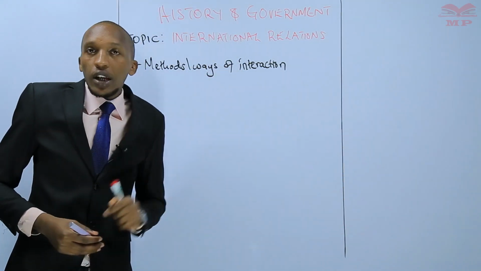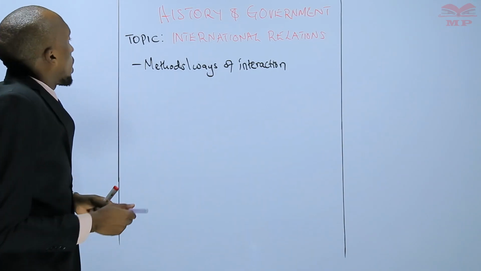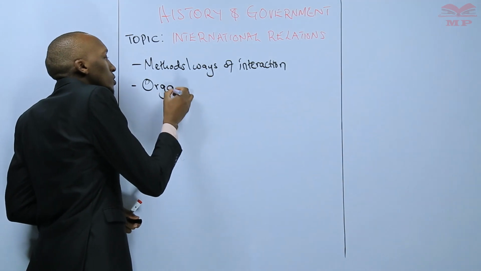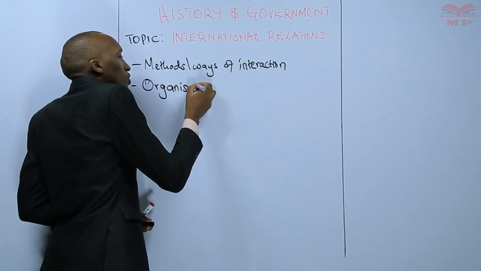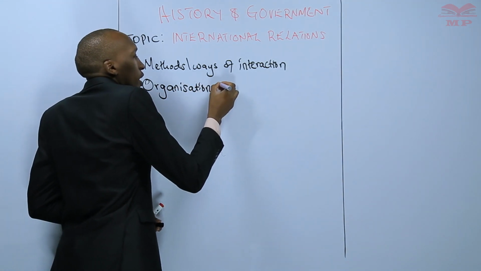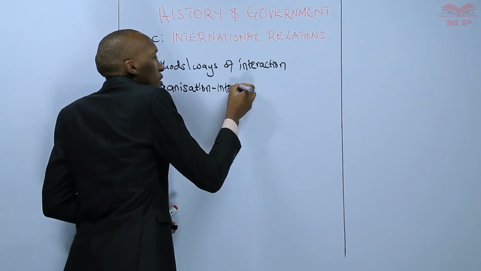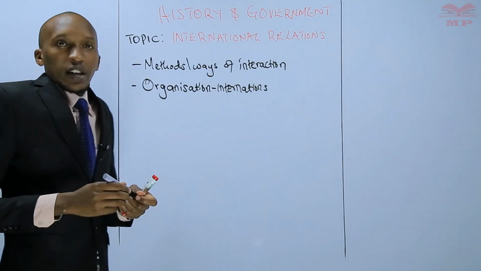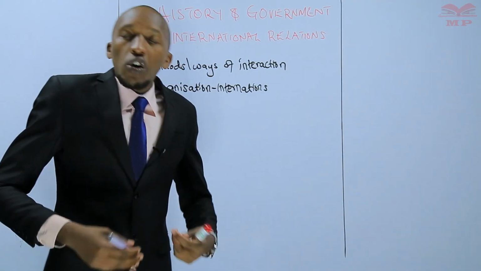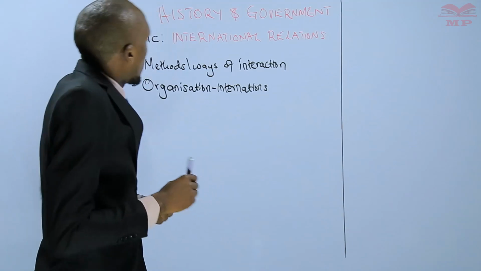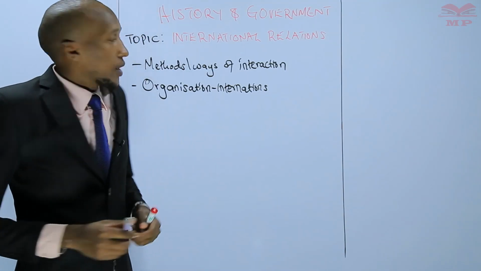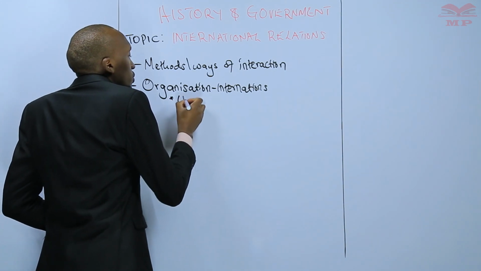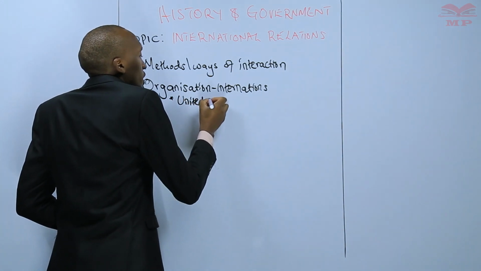And then we are also going to look at the international organizations, the organizations that were created to make sure that there was a period of peace and nations could interact with one another. Among these, we are going to look at the United Nations.